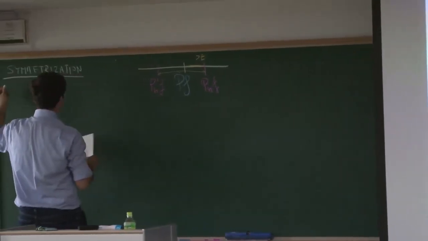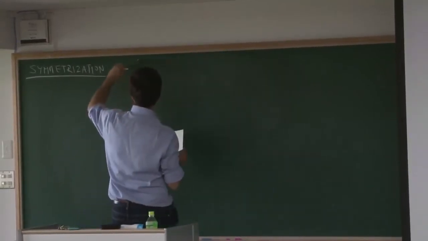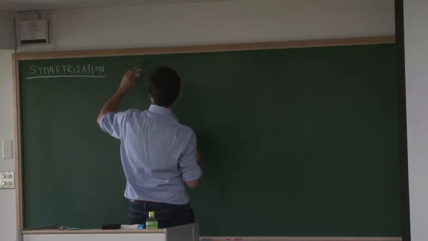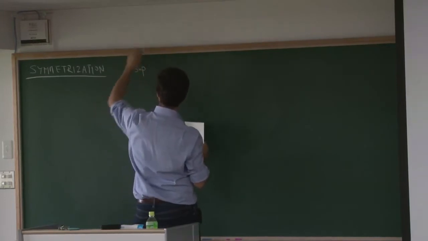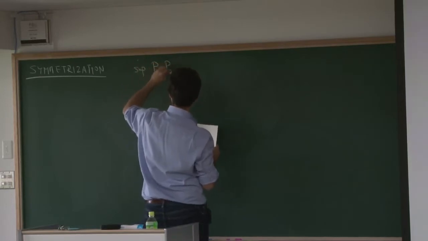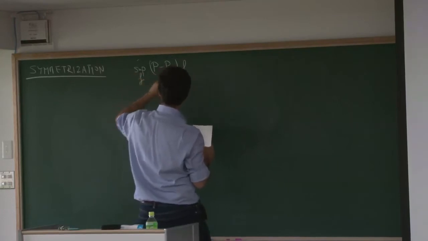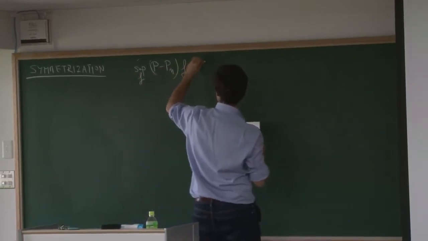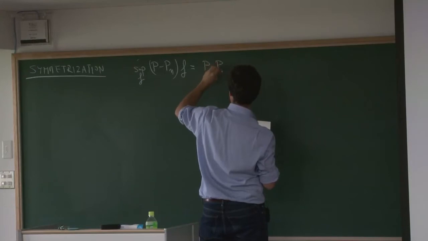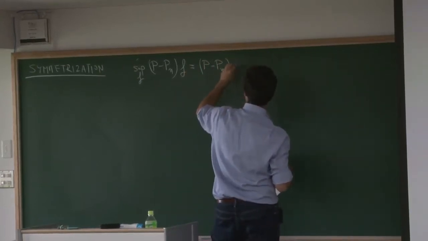So I'm going to consider, for one n, the supremum of P minus Pn of f, which I'm going to write as Pn of, let's say, Fn.